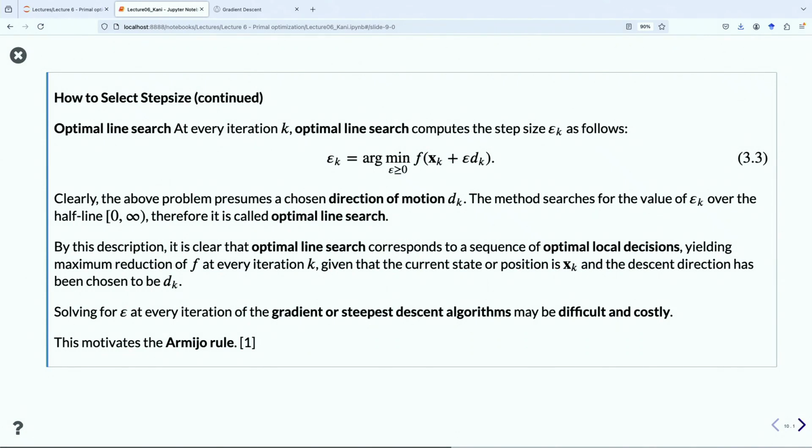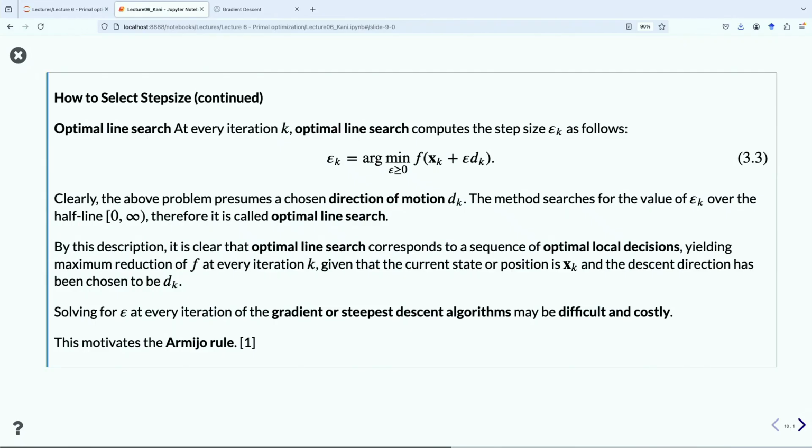So let's just look down the descent direction, have a bit of foresight. We don't have to take a single step. We could just search down the line for the optimal step size to take at this point in order to minimize the function. And this is the idea behind optimal line search.